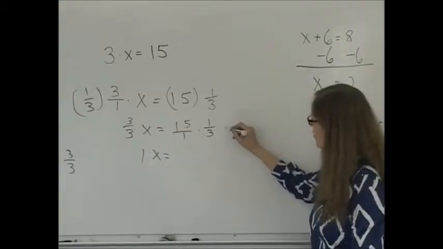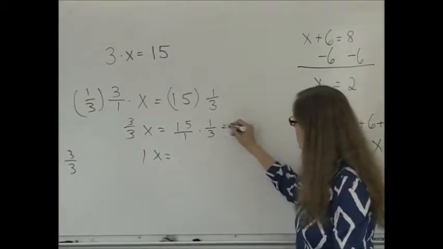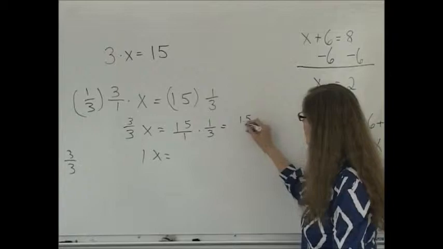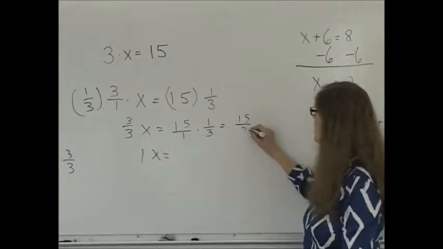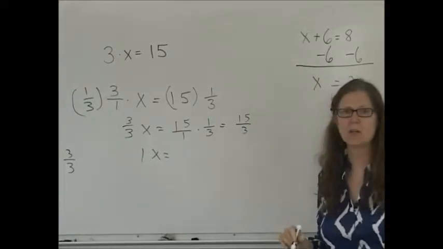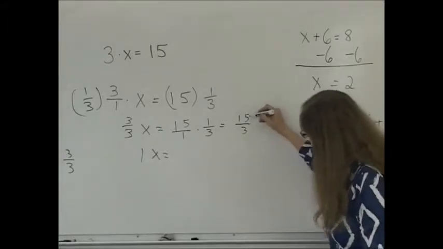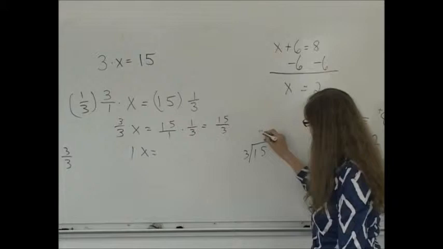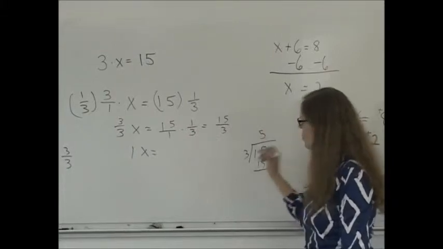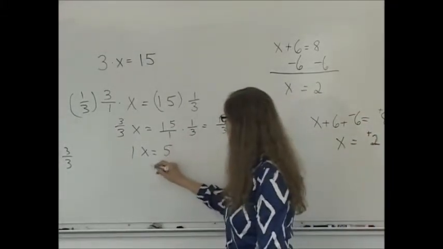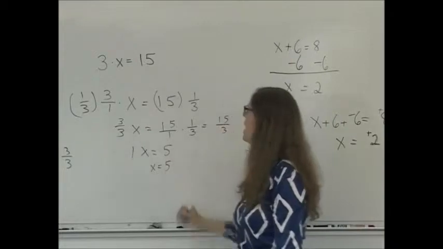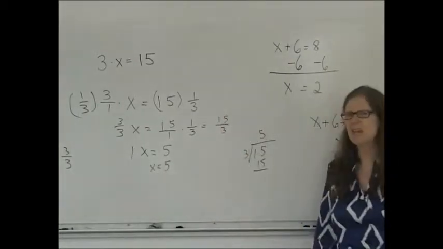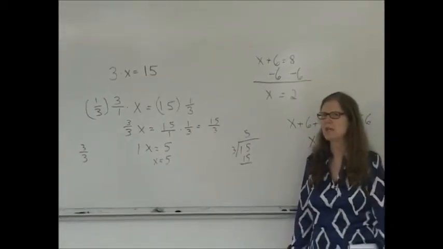That's going to be equal to 15 times 1 is 15, and 1 times 3 is 3. This is 15/3. Now, what is 15 divided by 3? Check it out. It's 5 with no remainder. So 1x equals 5, or x equals 5. And again, you could kind of look at that problem and see that that was the case.